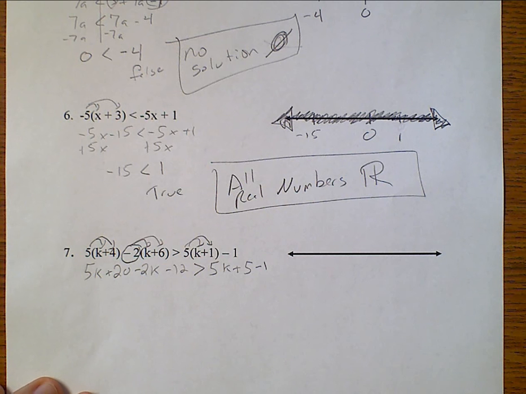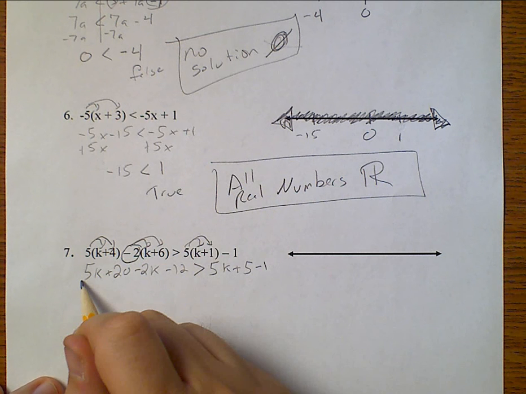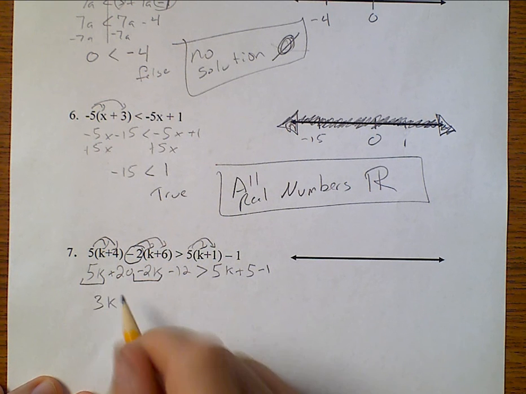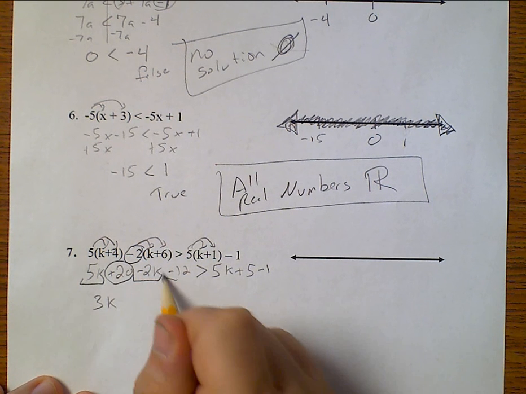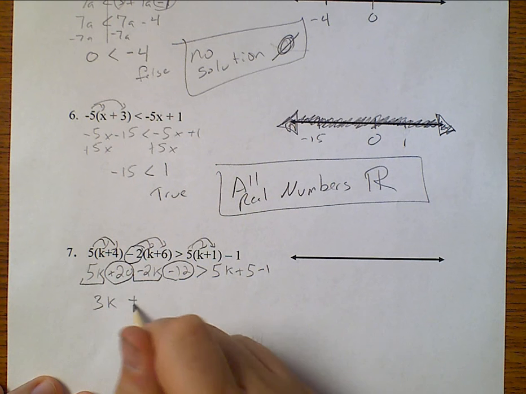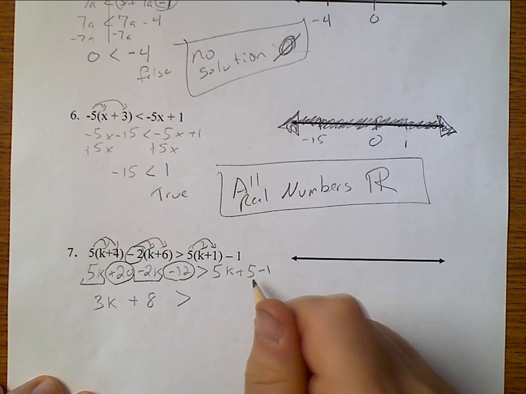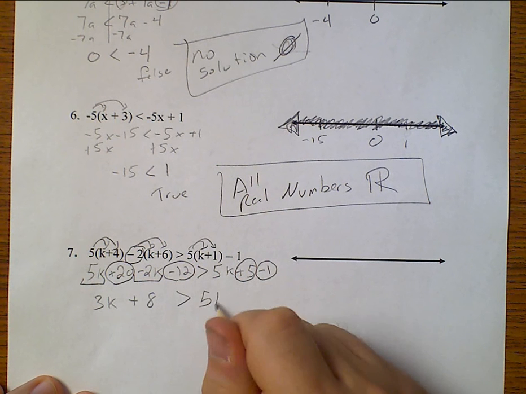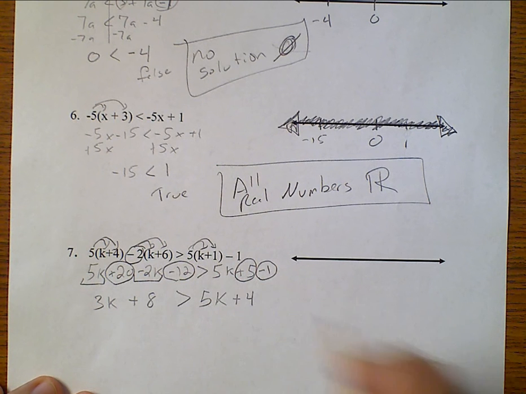And now I combine like terms. 5k minus 2k is 3k. 20 minus 12 is a positive 8. 5 minus 1 is 4, so it would be 5k plus 4.